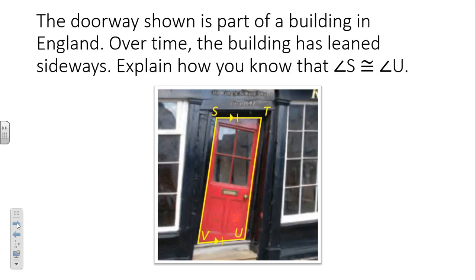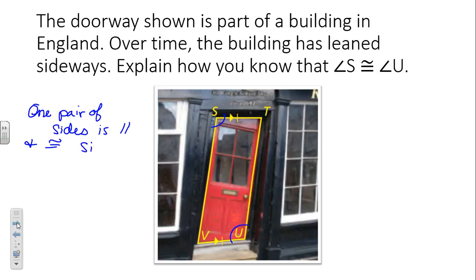So we want to know, how can we prove, or how can we know that angle S is congruent to angle U? One pair of sides is parallel and congruent, right?